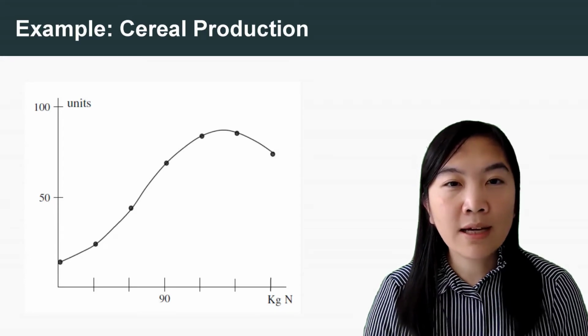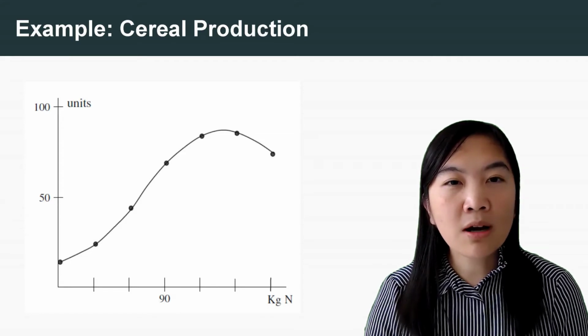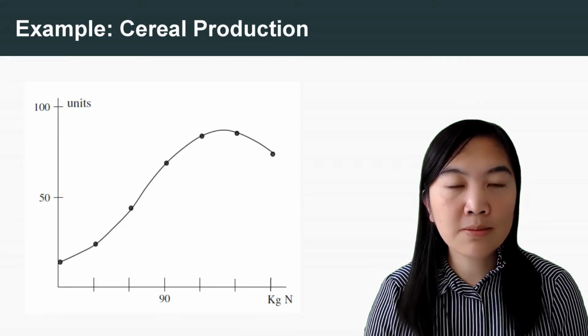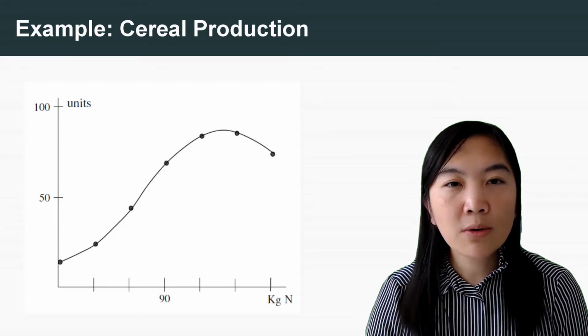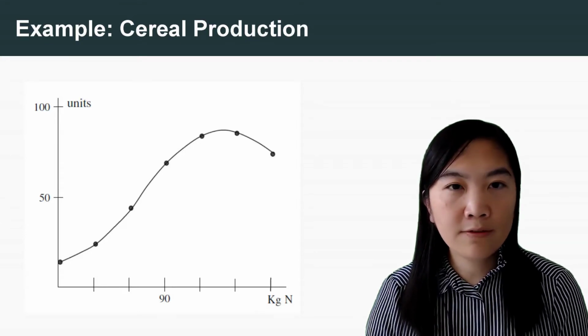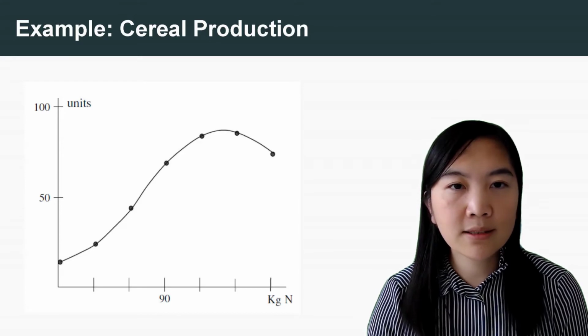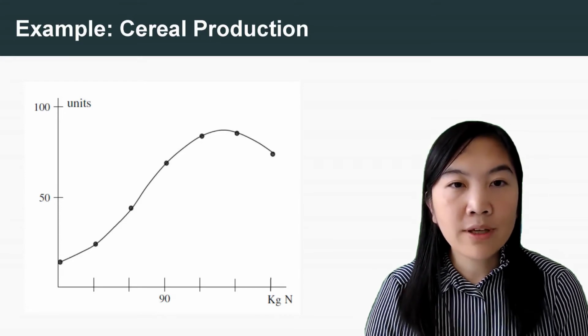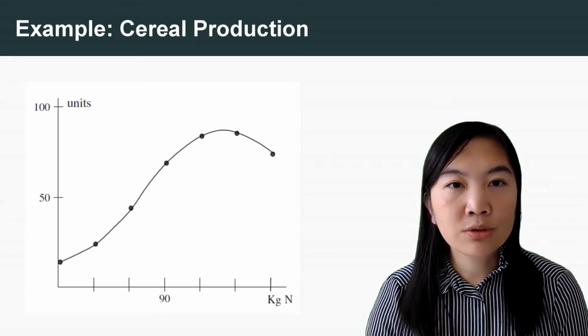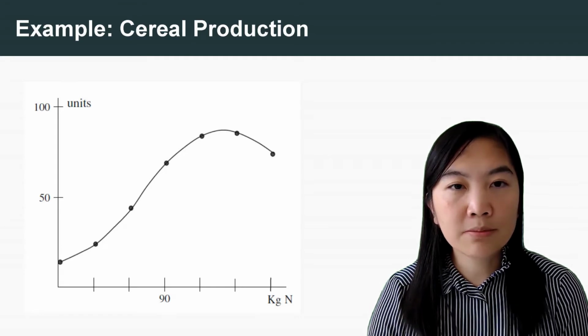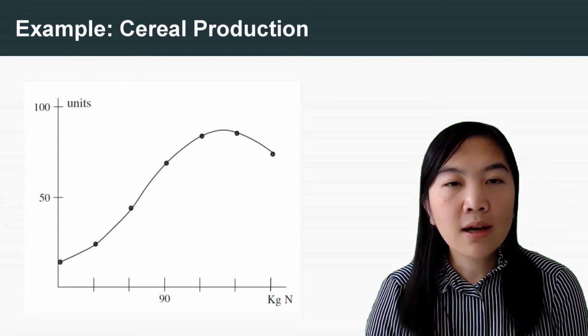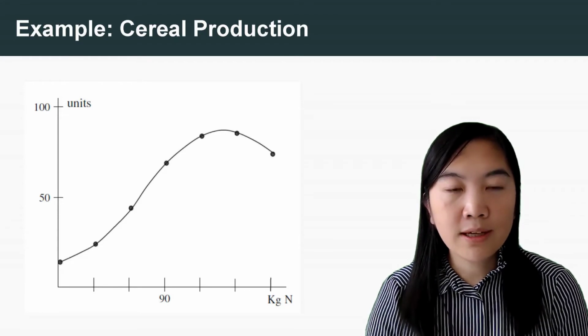And another relationship that's probably not that obvious in the table is that when you observe the first few points, you can see that when you increase nitrogen from 0 to 30 and from 30 to 60, you can actually say that the increase in output is increasing.